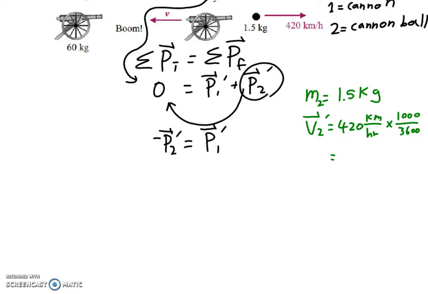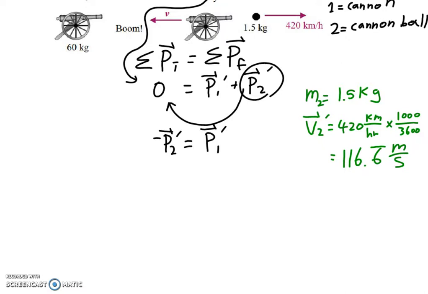So 420 times 1000 divided by 3600 gives you 116.6666 and keeps going. In my case, I use a special bar for repeating decimals. So 116.6 meters per second.